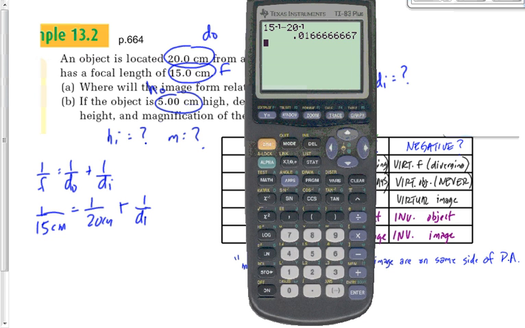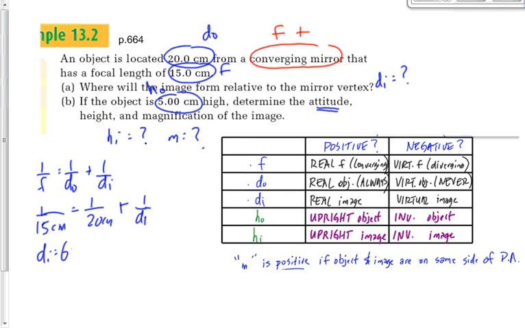That's 1 over DI. We want DI. Take the inverse of that. My answer is 60. Go ahead and use fractions if you want. Perfectly fine. If you want to do it a little bit quicker, 15 x to the minus 1 minus 20 x to the minus 1, press equals, then go x to the minus 1 of the answer, and this is what we get. Okay, DI is done.